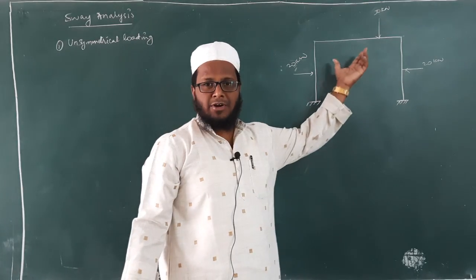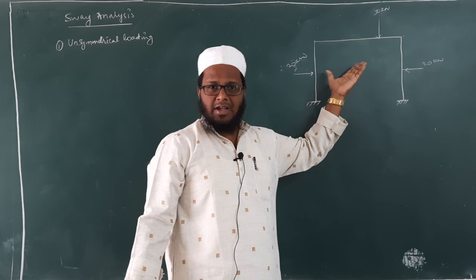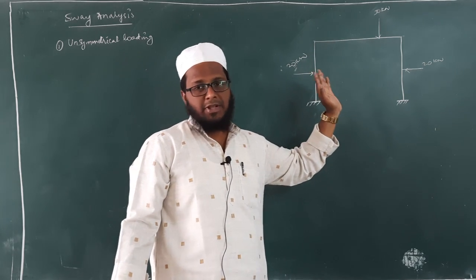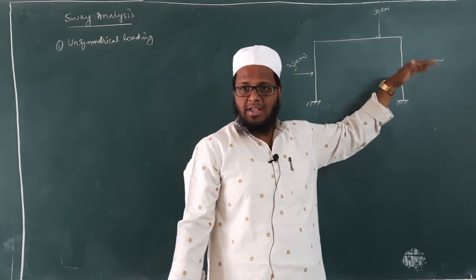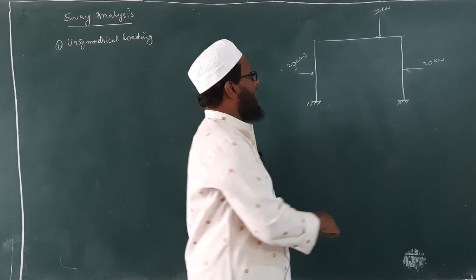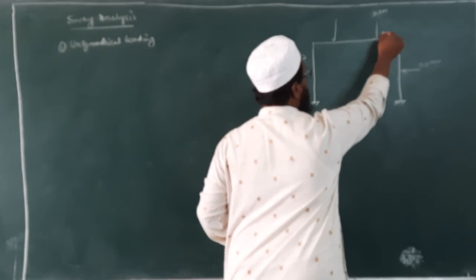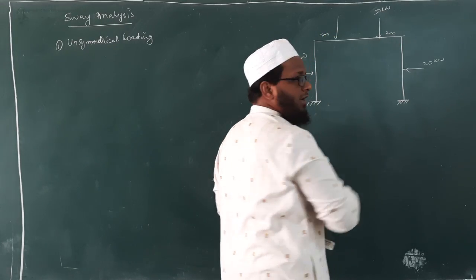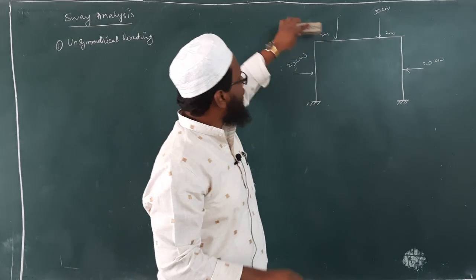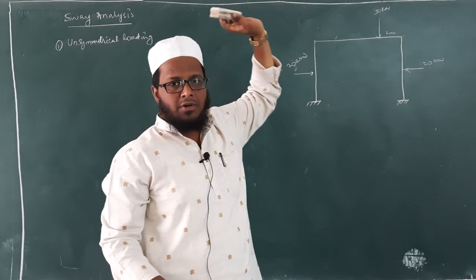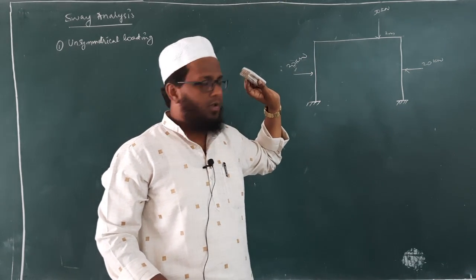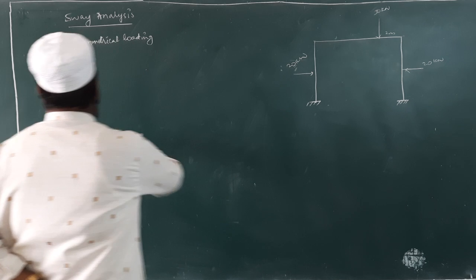Now you tell me what will happen to the frame? Again it is subjected to unsymmetrical loading, and because of this unsymmetrical loading, the frame will try to sway in any of the direction because the loading is not symmetric. Suppose we have one more 30 kilonewton here. This is 2 meter and this is also 2 meter. Then this frame is symmetric. Otherwise, if I remove this load, the entire frame is subjected to unsymmetrical loading. Able to follow? Right.